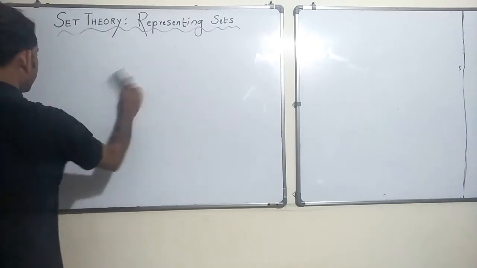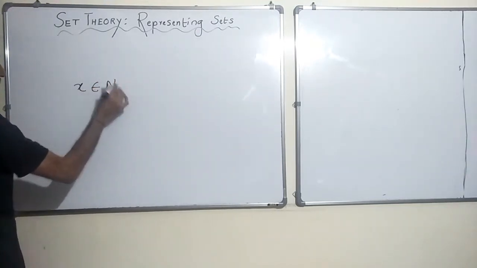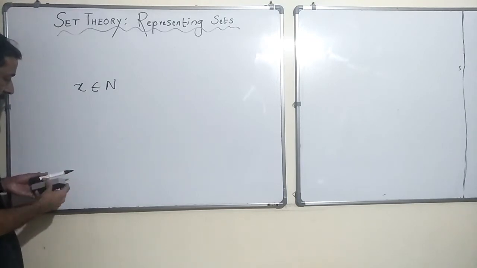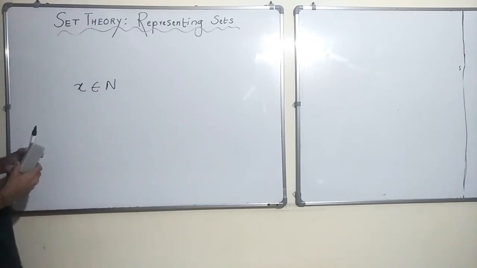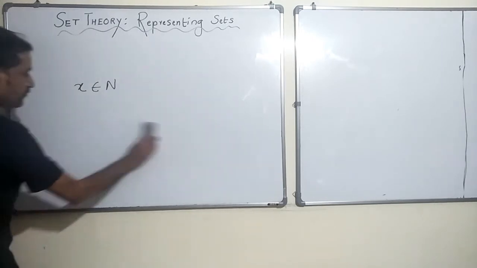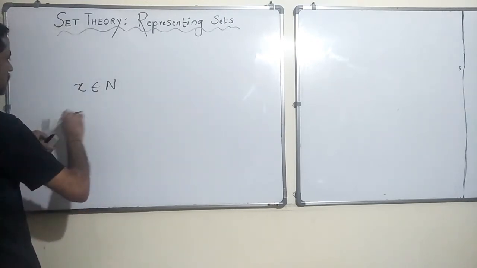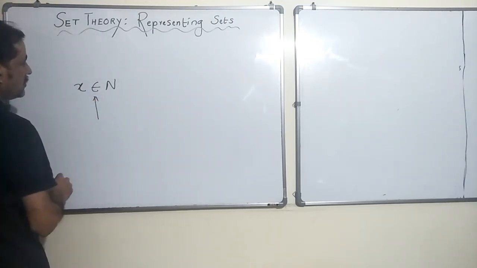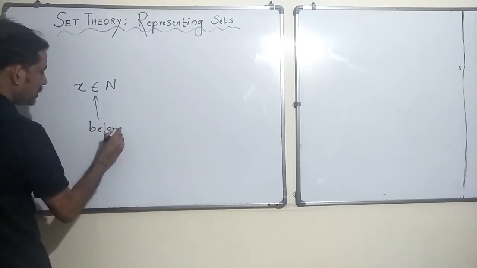Like I said, in the previous example where we were giving the rule method or the set builder form, we use this symbol, which means belongs to. So x belongs to a natural number.